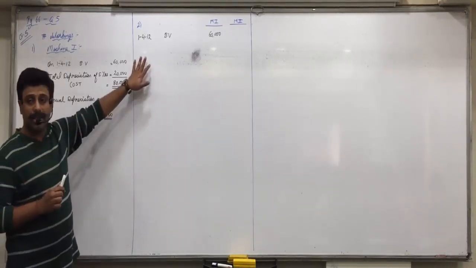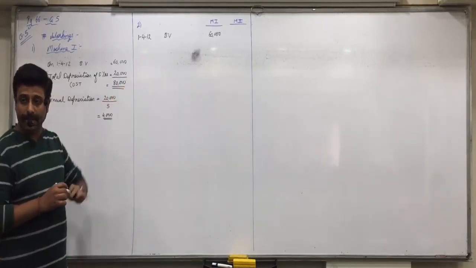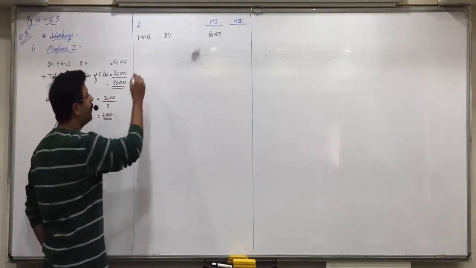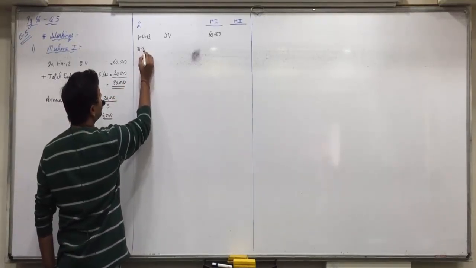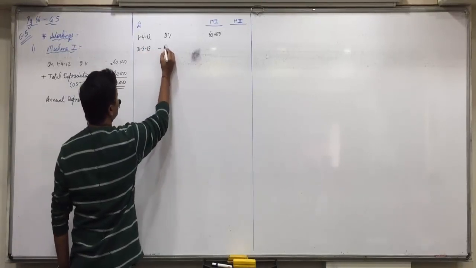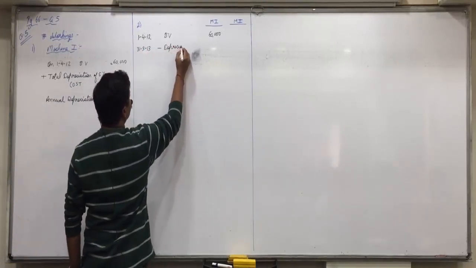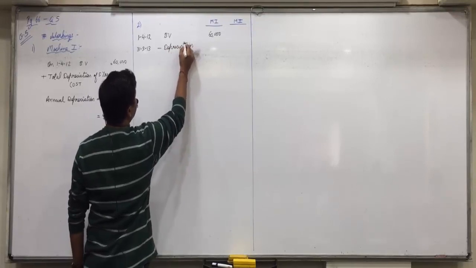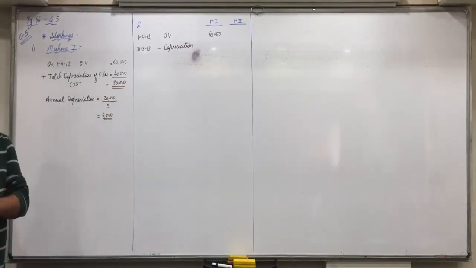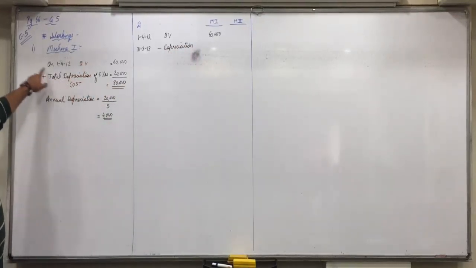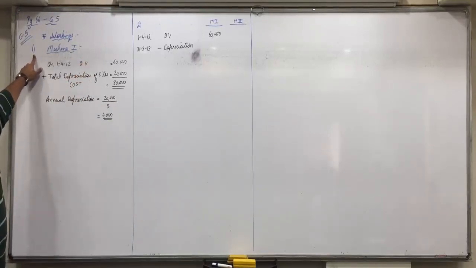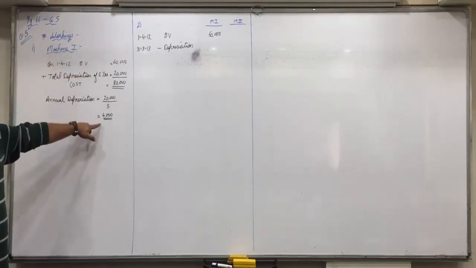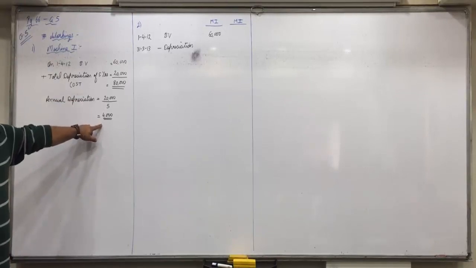So on 31st March 2013 we will provide depreciation. 31/3/13 depreciation, what amount? 4,000. On 31/3/13 we will provide depreciation, which in working note 1 we have counted for machine 1, annual depreciation is 4,000. Did you all understand this?